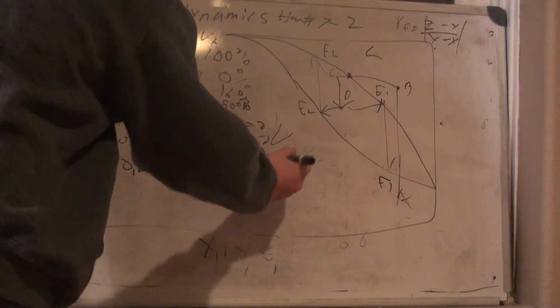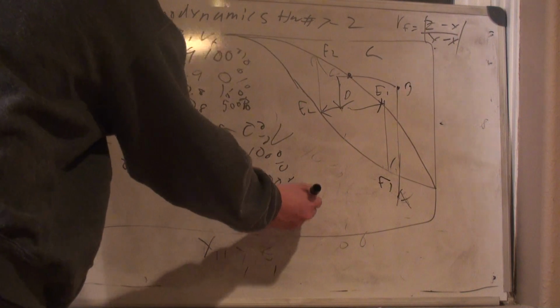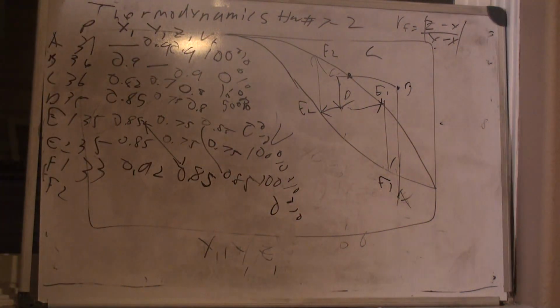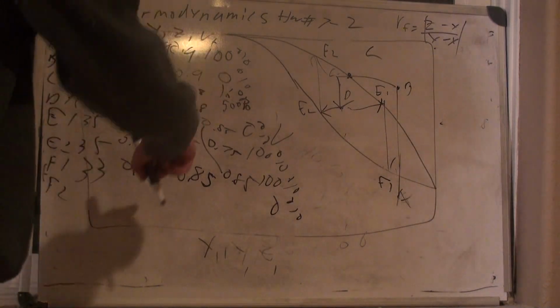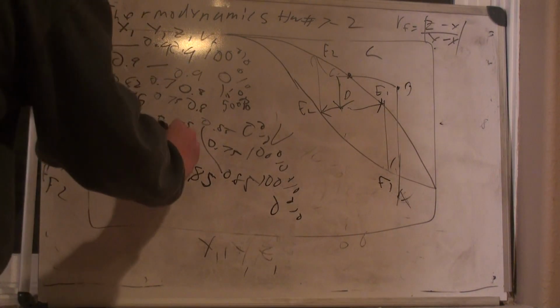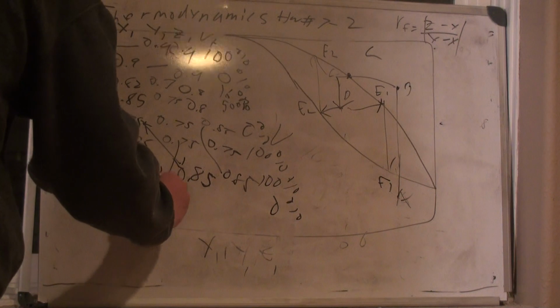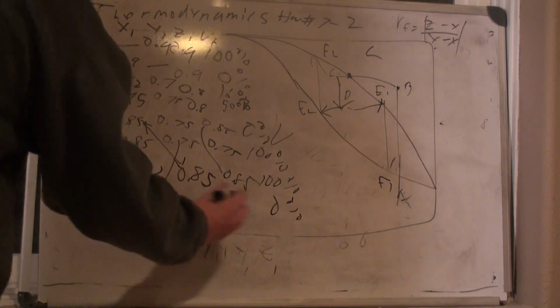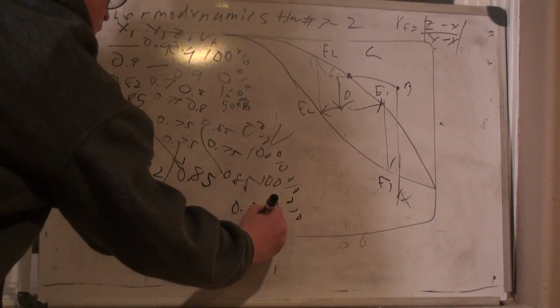And the other, vice versa, was until one bubble remained. That means I'm at the bubble point, which means I'm 0% vapor. And it's the same kind of thing. This becomes my liquid, 0.75. It's still 0.75 here.